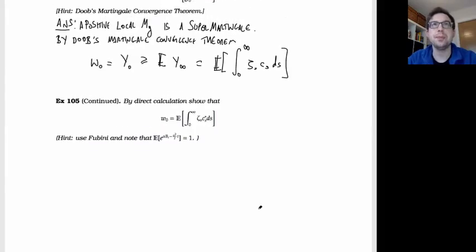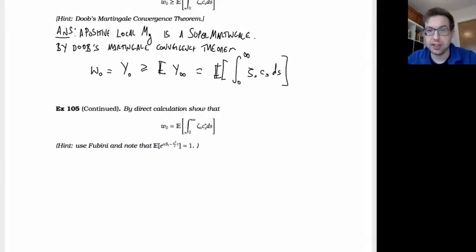Okay, right. So next part: by direct calculation, show that if we put in c star in here, then we can get this to hold with equality. So if we put in c star in the same expression, this holds with an equal sign. Again, that's another exercise for you to try out. There are a few fiddly steps, but the basic idea is to take this expectation inside here and look at E of zeta s c star of s.